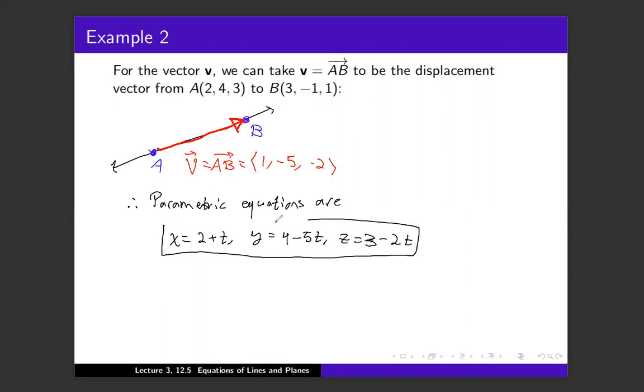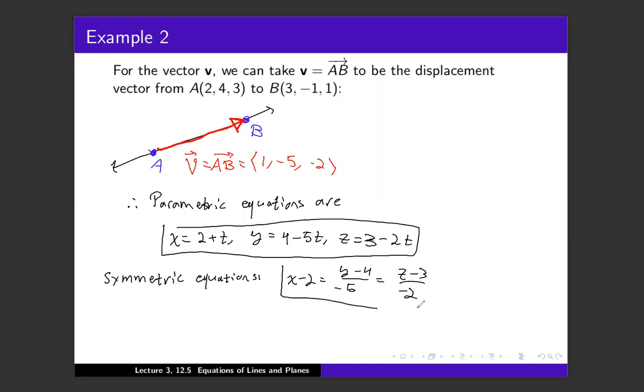Those are parametric equations. If you want symmetric equations, for example, you can do that by finding x minus 2 is equal to y minus 4 over negative 5, which is z minus 3 over negative 2. So you can do that with either parametric equations or symmetric equations. And again, these encode the exact same information in both cases.